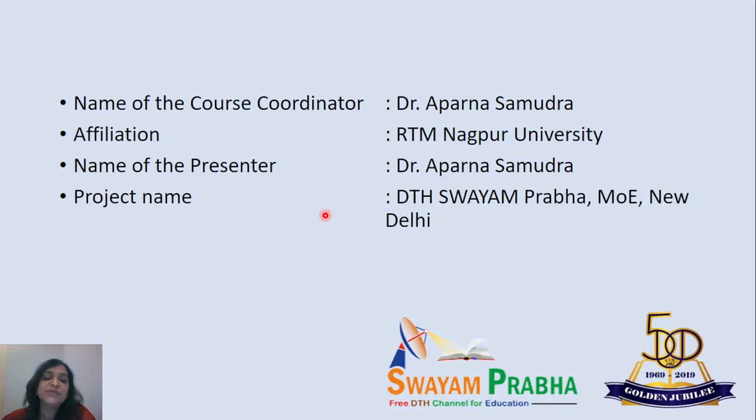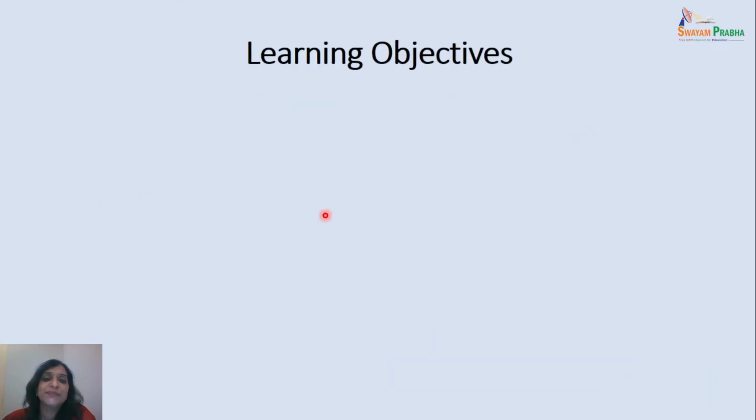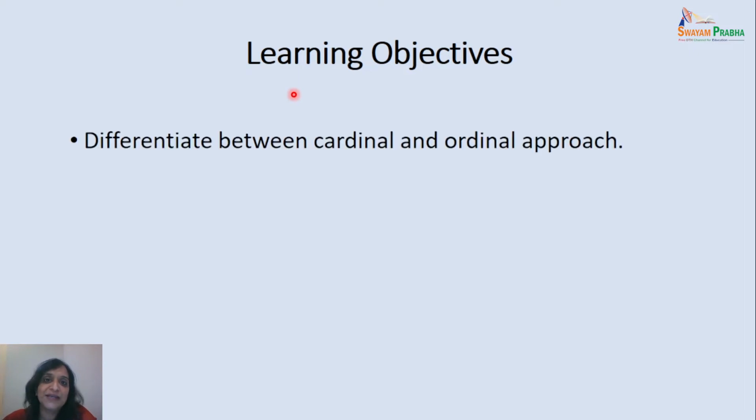Today, as we are starting our next unit, let us see what the learning objectives of today's lecture are. We are basically starting with consumer behavior. In order to understand consumer behavior, there are two theories or two schools of thought which talk about how we can analyze or study consumer behavior.